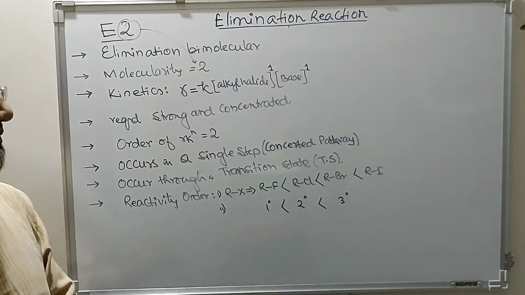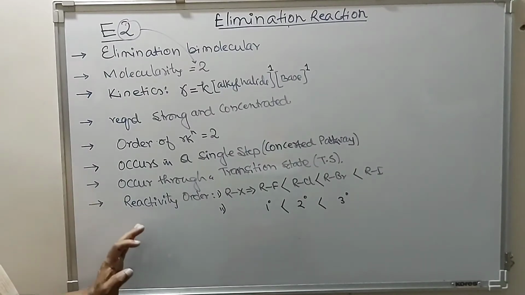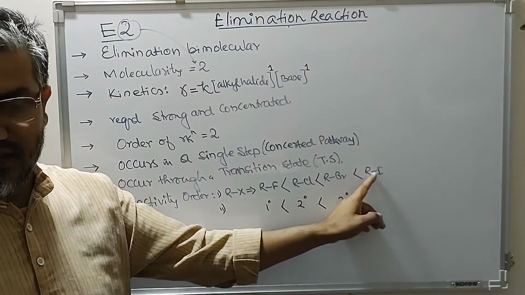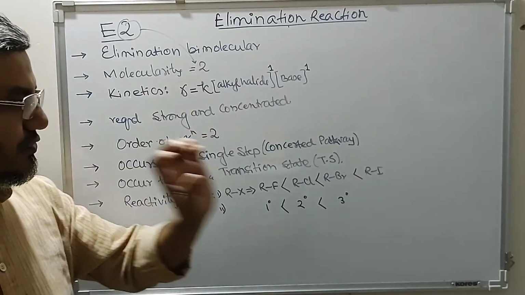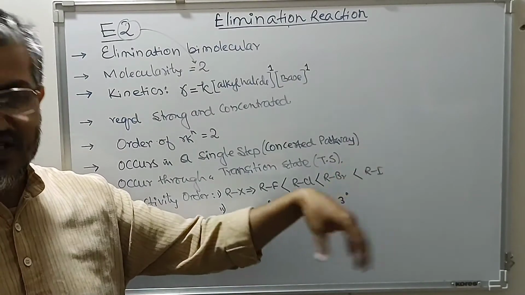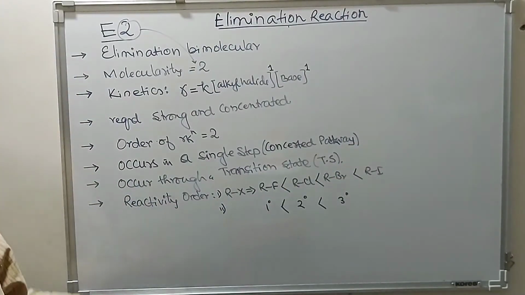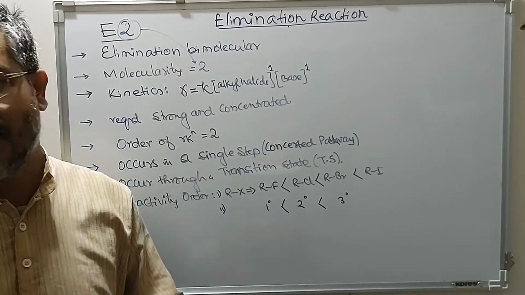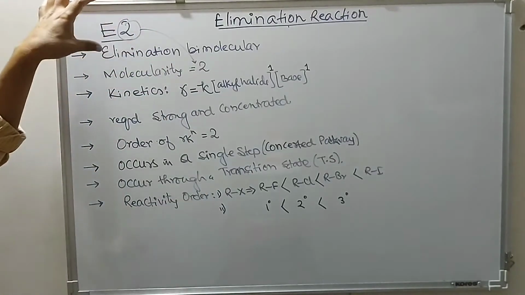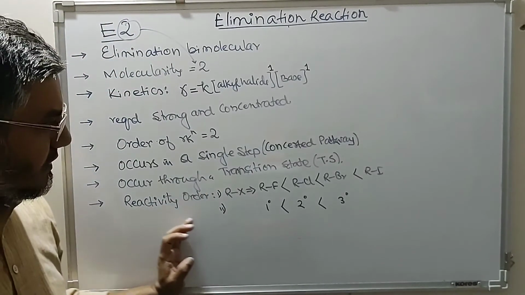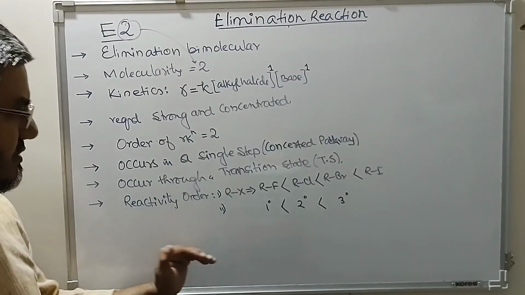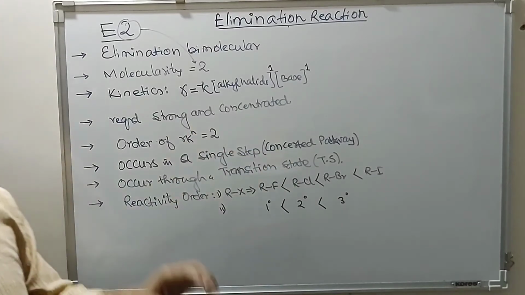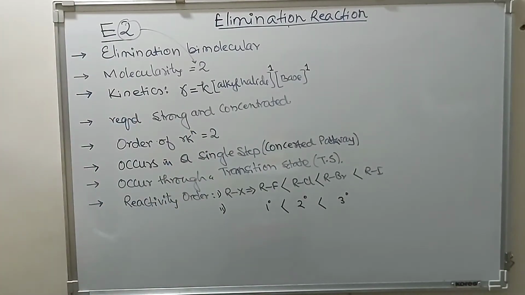So the most reactive alkyl halide for this E2 mechanism is tertiary alkyl iodide. Tertiary alkyl iodide will give you the maximum yield, and the minimum yield of the alkene formed by this E2 will be from primary alkyl fluoride. In fact, alkyl fluoride does not undergo reaction by this E2. So this is the reactivity order of different halogens as well as different alkyl groups for this E2 pathway.